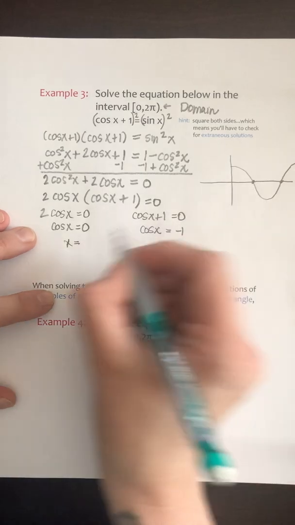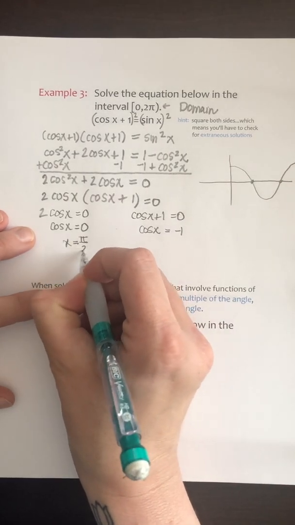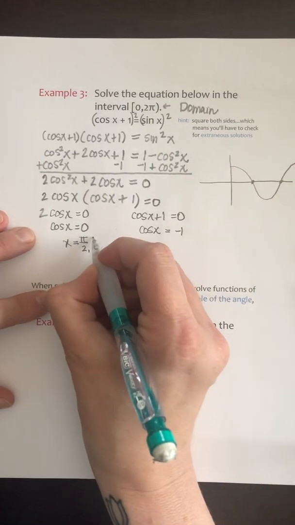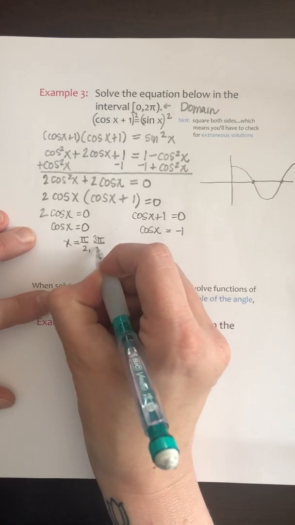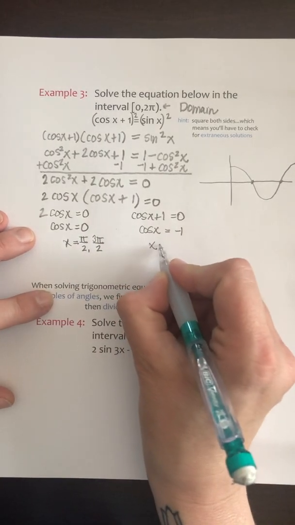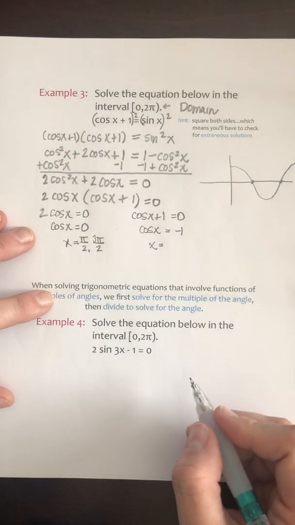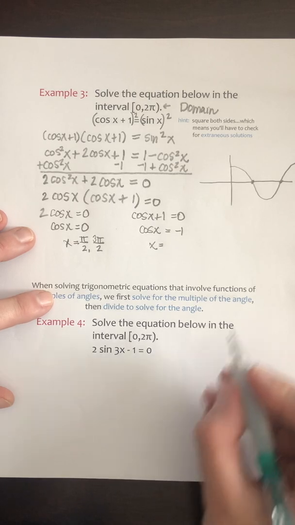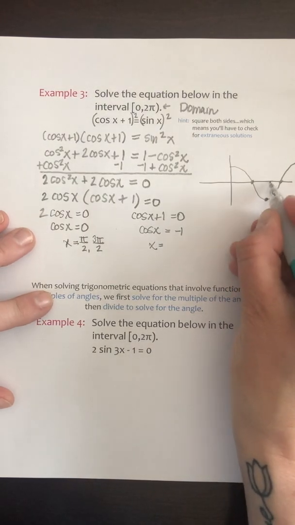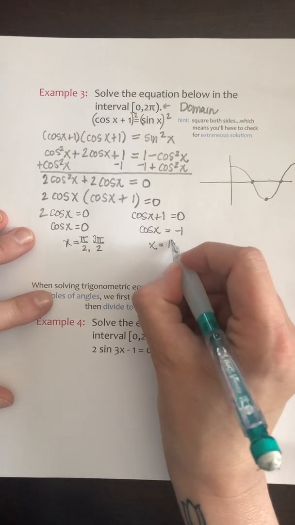So we have this one right here, which is at pi over 2. We have this one right here, which is at 3 pi over 2. Now if I come over here, where do I get a y value of negative 1 in my cosine graph? Well, that occurs right here, and that's when x is pi.